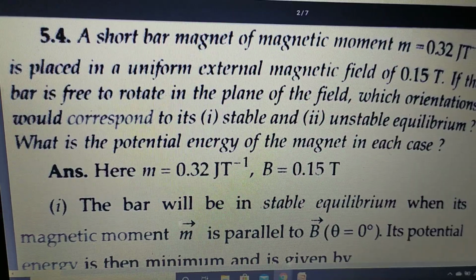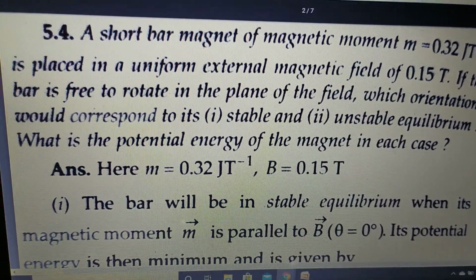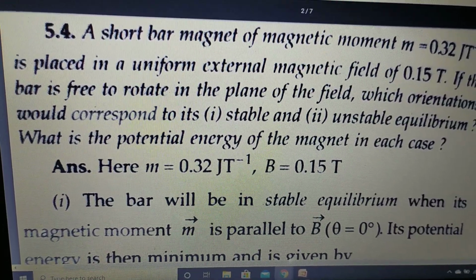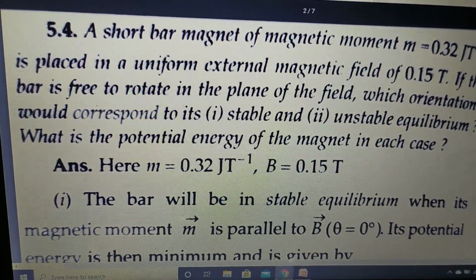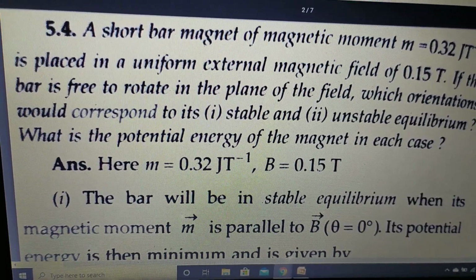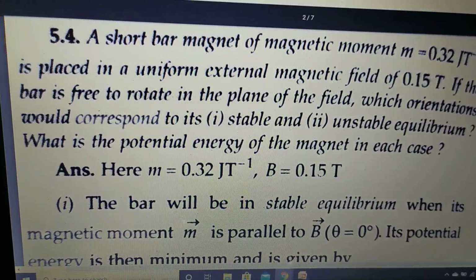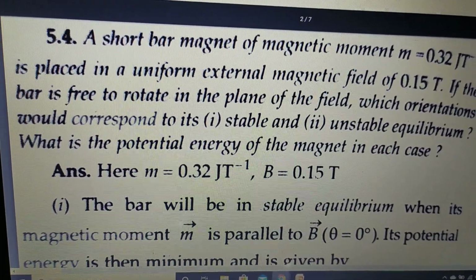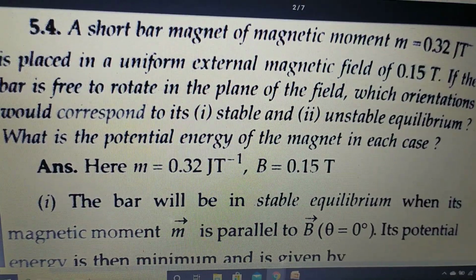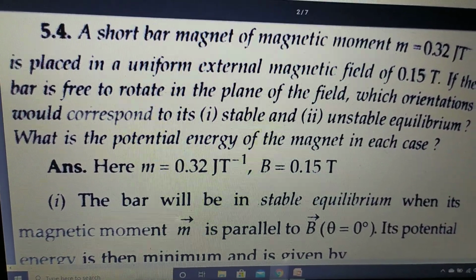It says, if the bar magnet is free to rotate in the plane of the field, which orientations would correspond to its stable equilibrium and unstable equilibrium?